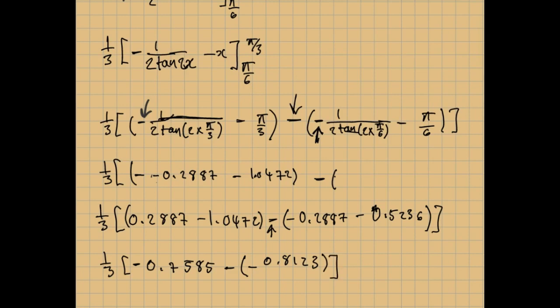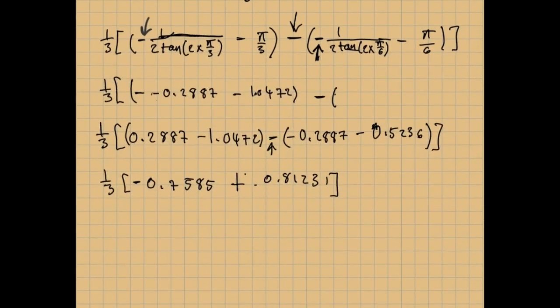But I can see this negative and the negative next to each other will make it become a positive. So if I want to save time, I can remove these two negatives sitting next to each other and make it a positive. So now it becomes positive 0.8123.